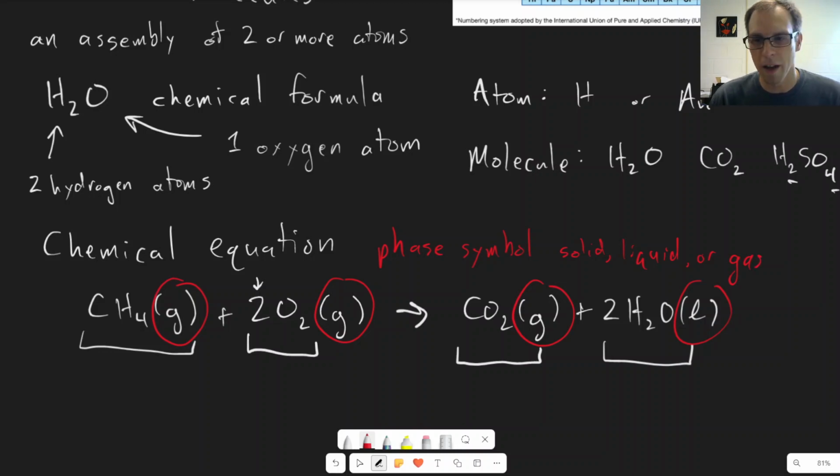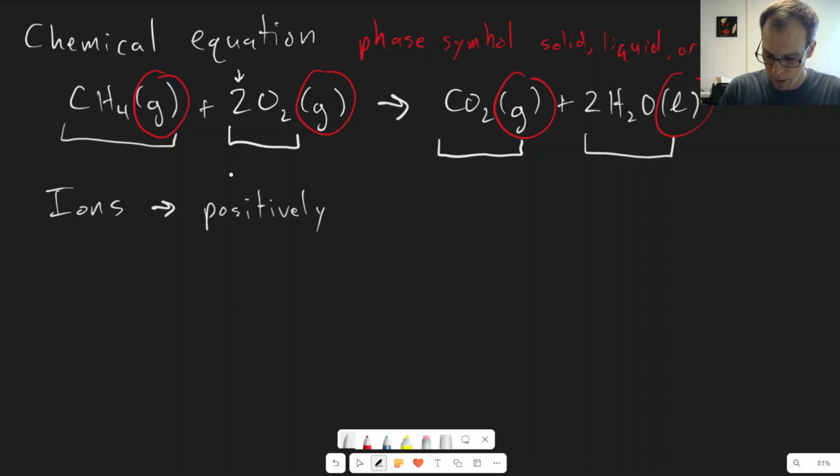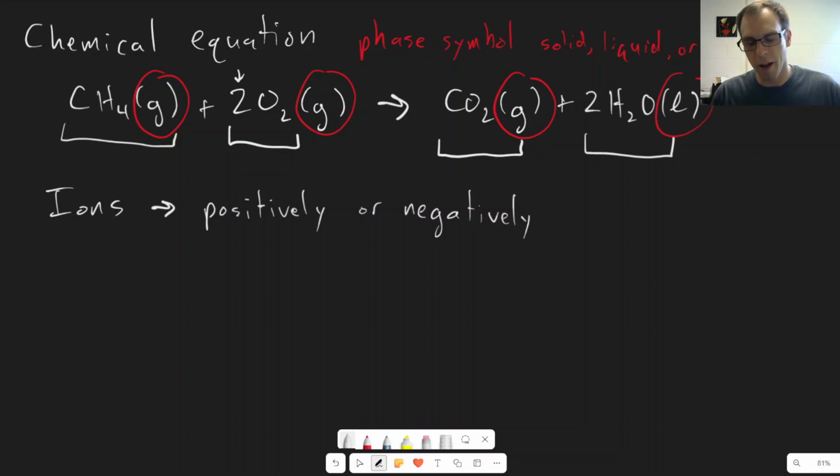One final thing: another thing that compounds can be made out of besides molecules is ions. Let's define what ions are if you're not already familiar with them. Ions are like atoms or molecules, but they are positively or negatively charged. So there are some compounds that are composed of atoms or molecules, and there are some compounds that are composed of ions.